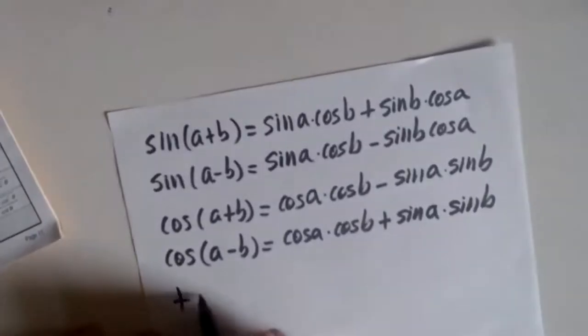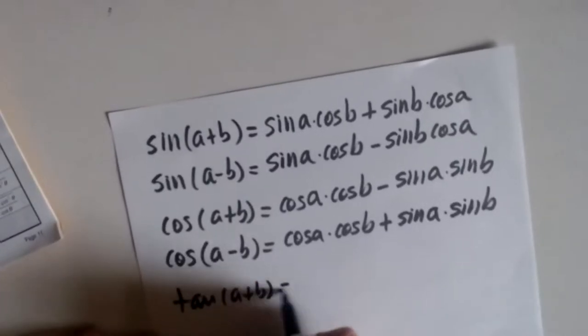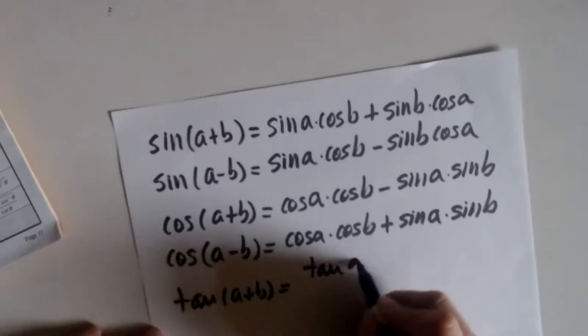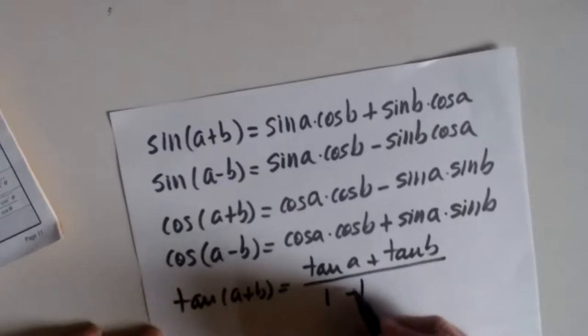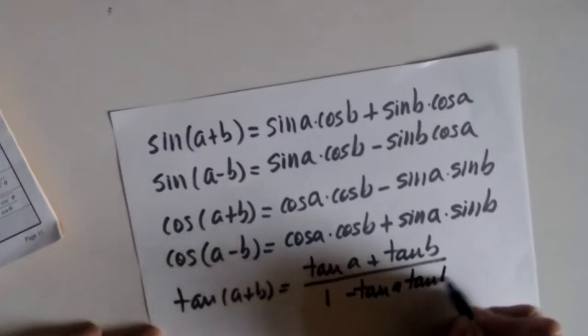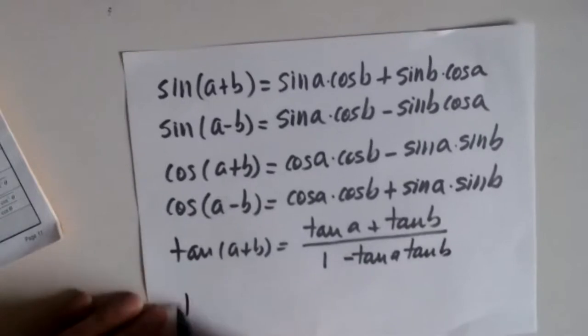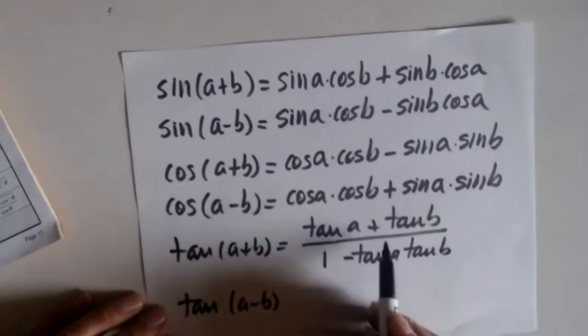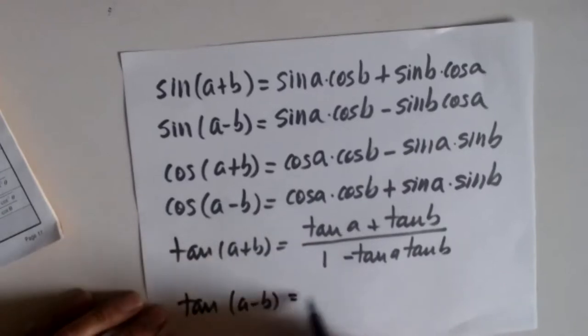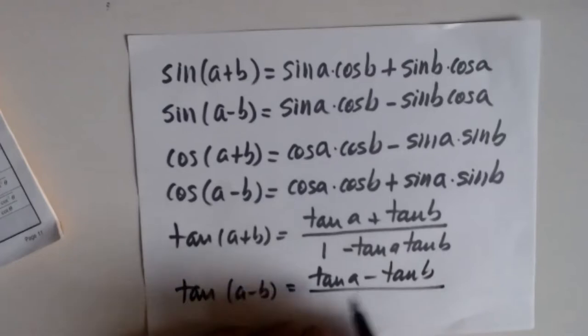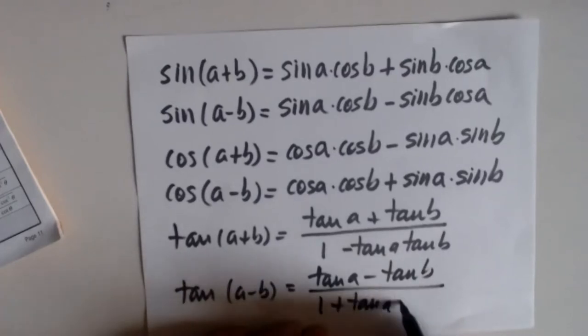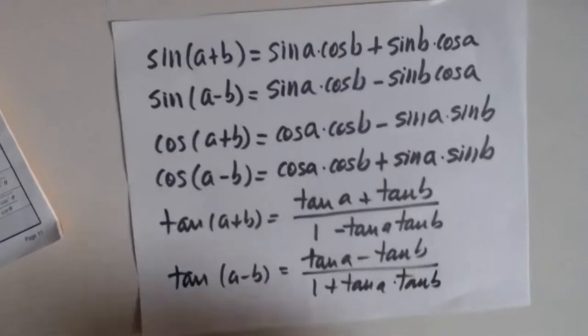Tangent A plus B equals tangent A plus tangent B over 1 minus tangent A tangent B. And when you have a minus, it's pretty much the same thing, except that this is going to be a minus and this a plus. So you have tangent A minus tangent B over 1 plus tangent A times tangent B, right? So those are the formulas I'm going to use, right?